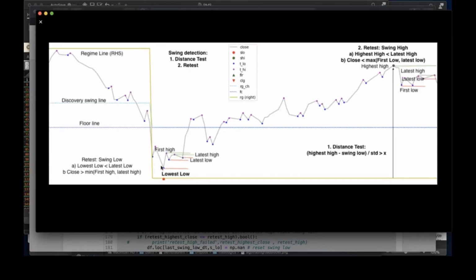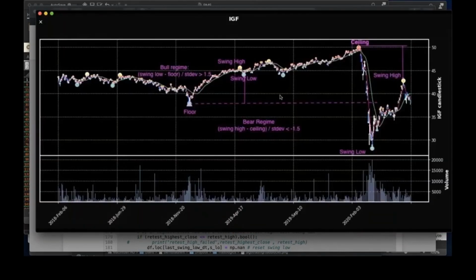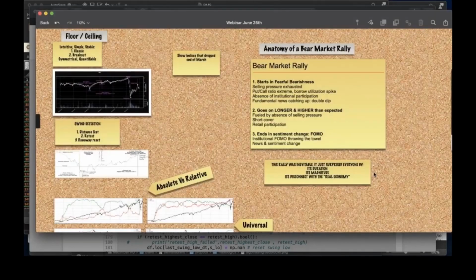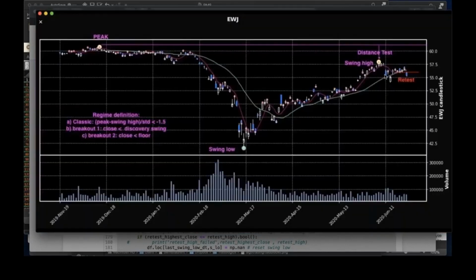But when we impose a distance test from here to there, what it says today, tonight, on a lot of stocks that we're going to see now. Let me pull up this one. What it says, actually this one will happen a bit earlier, but this is what it looks like.